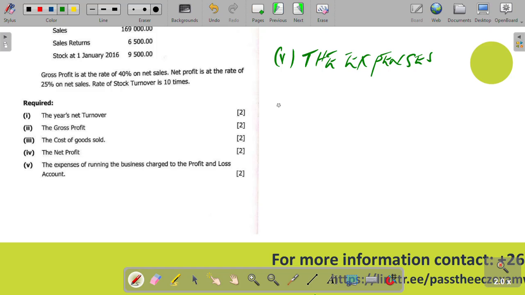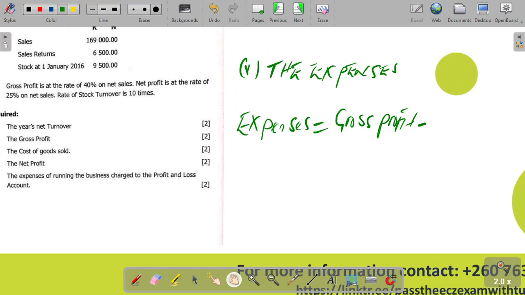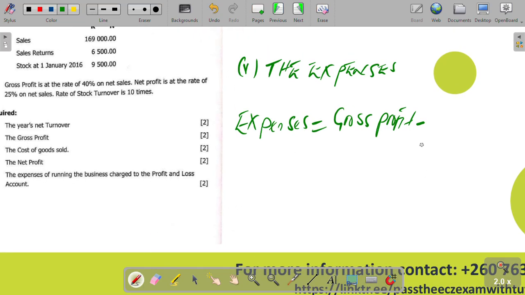Formula: expenses is given by gross profit minus net profit.